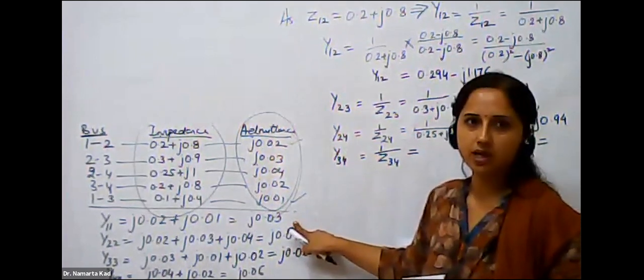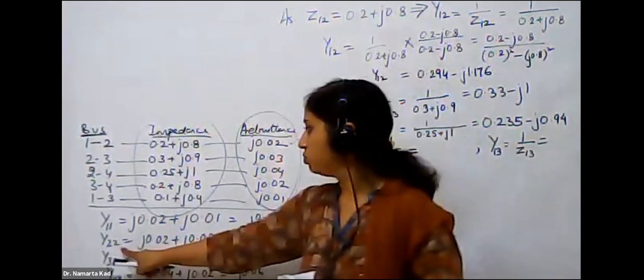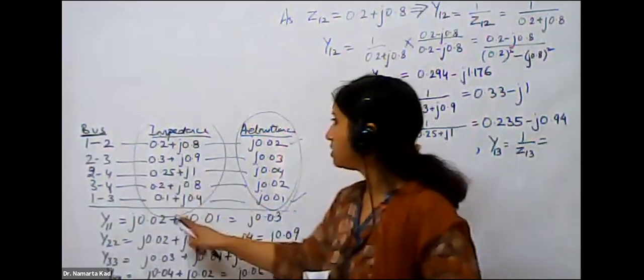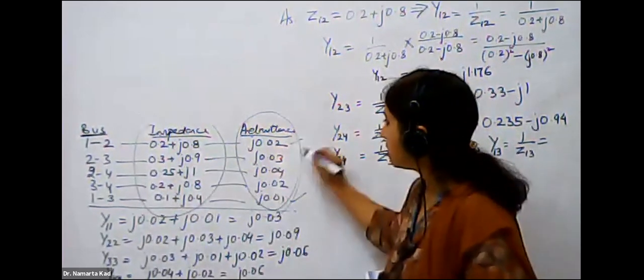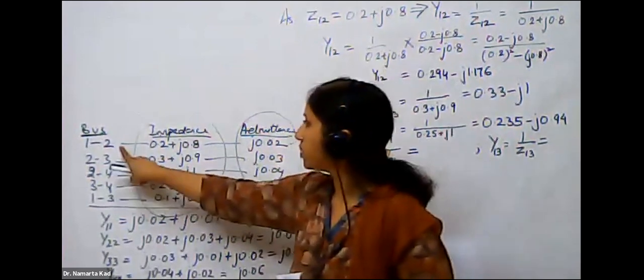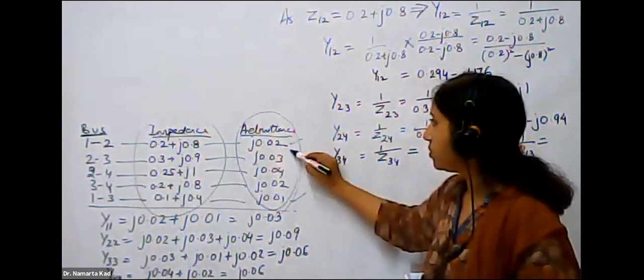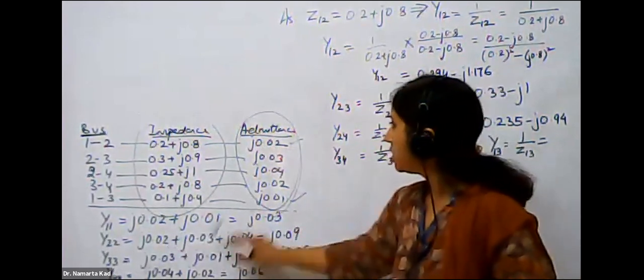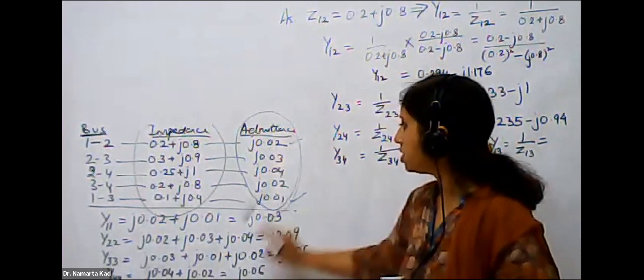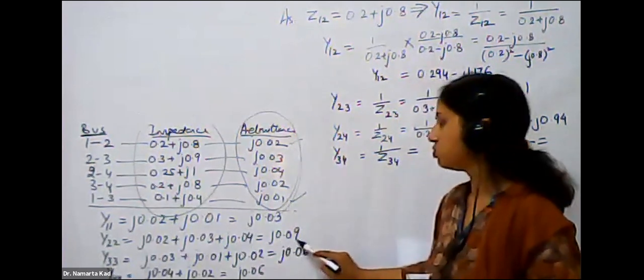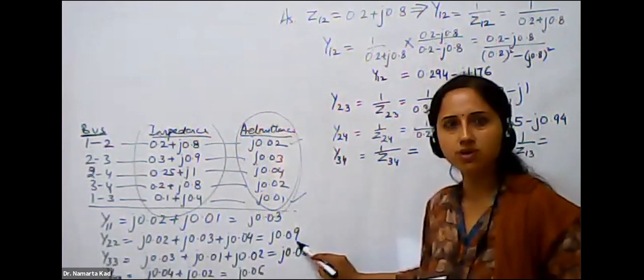Similarly for Y22, you consider all the values associated with bus number 2, like this one, this, and this: j 0.02 plus j 0.03 plus j 0.04, and it comes out to be j 0.09.